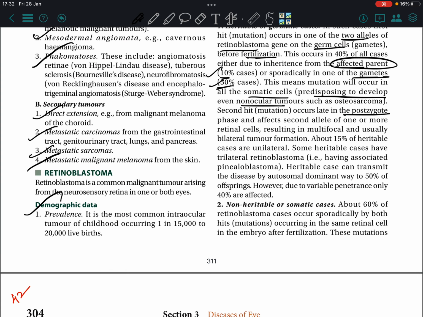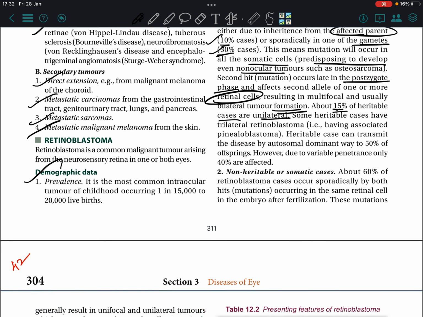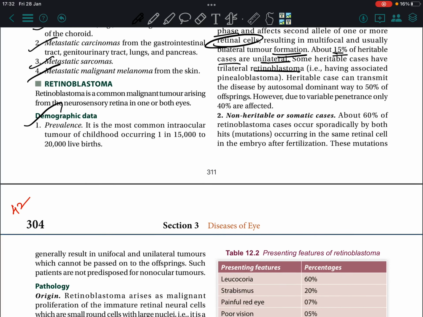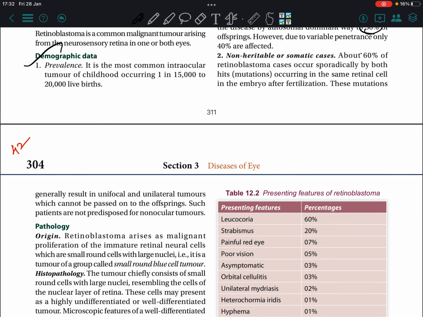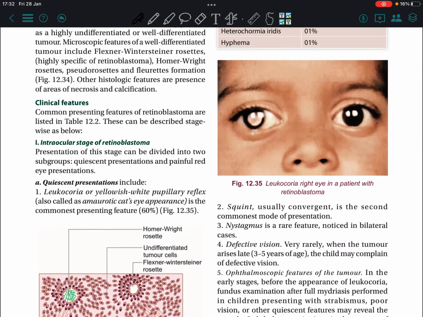The second hit occurs late in the post-zygote phase, affects the second allele of one or more retinal cells, resulting in multifocal and usually bilateral tumor formation. About 50% of heritable cases are unilateral. Some heritable cases have trilateral retinoblastoma. A heritable case can transmit the disease by autosomal dominant inheritance to 50% of offspring. Non-heritable or somatic: about 60% of retinoblastomas occur sporadically by both hits, the 2-hit hypothesis.